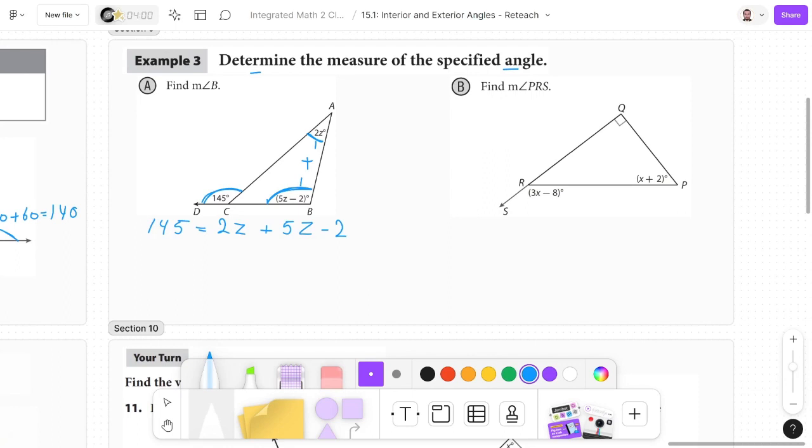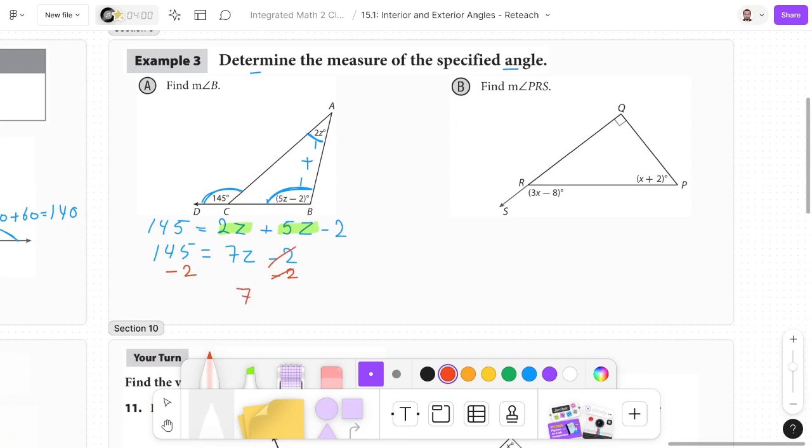Now let's simplify that. Let's add the like terms. We have 2z and 5z together, so 2z plus 5z is 7z, minus 2, and here 145. So now what should I do? I have to subtract 2 from both sides.